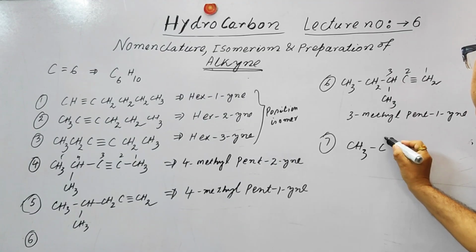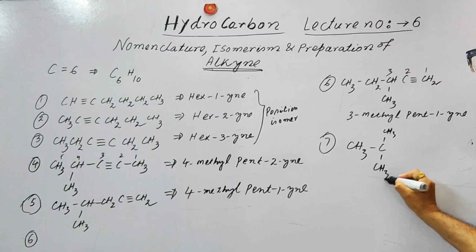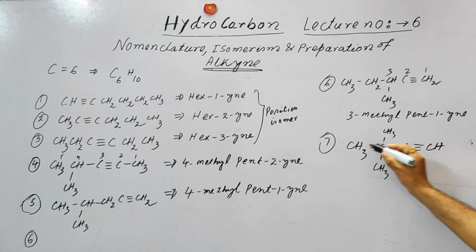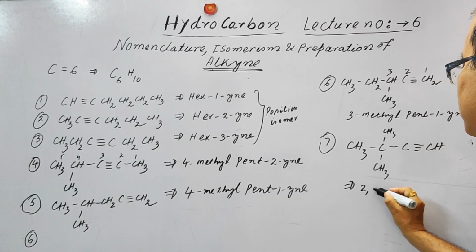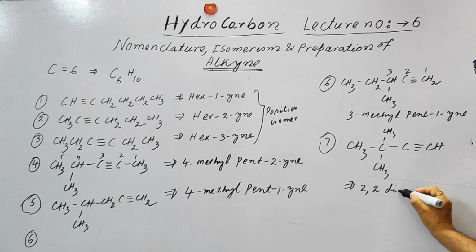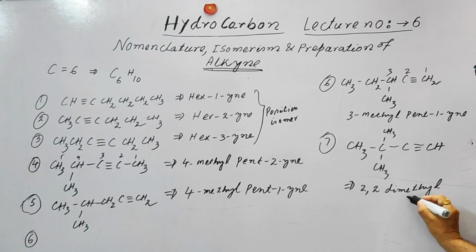CH, C, CH3, C triple bond, CH3, numbered 1, 2, 3, 4, 5, 6. So this will be 2,2-dimethylbut-1-yne.